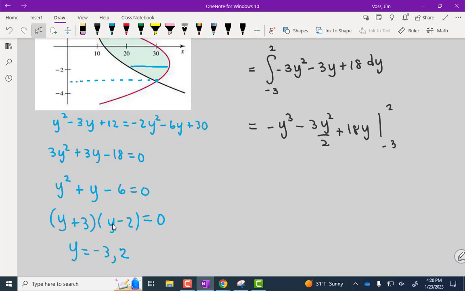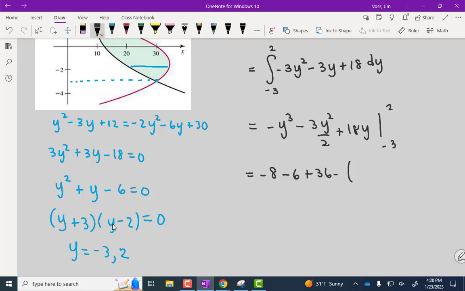Now we have to do some arithmetic. Plugging in the 2 is going to give us -8. 2 squared there is 4. 4 divided by 2 is 2, so that's -6 plus 36. And then we're going to subtract off the antiderivative at -3.